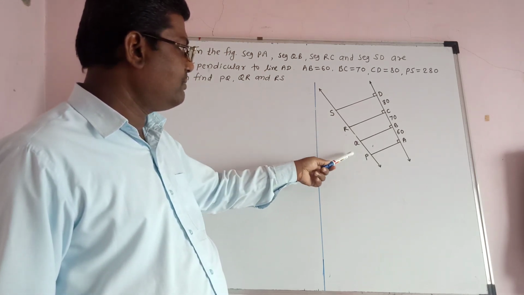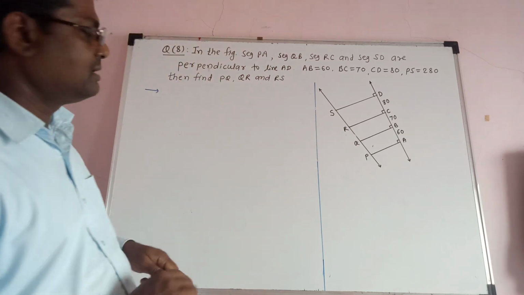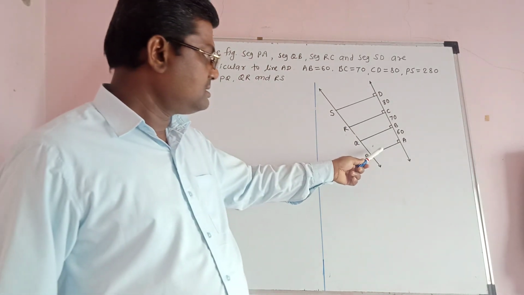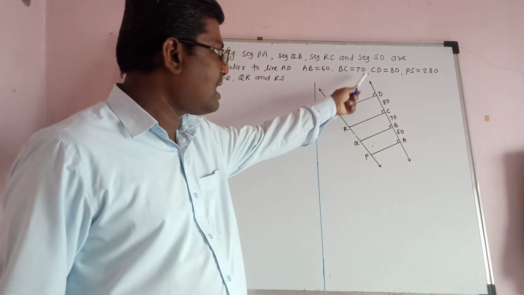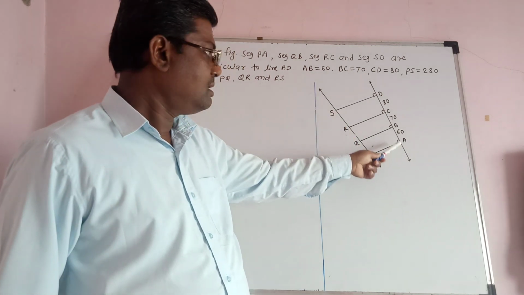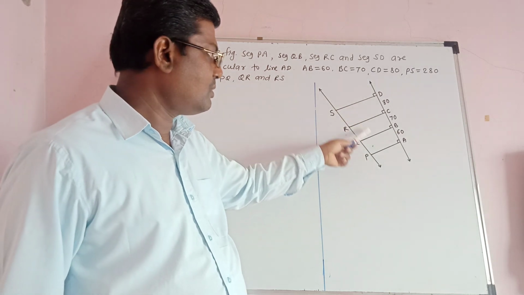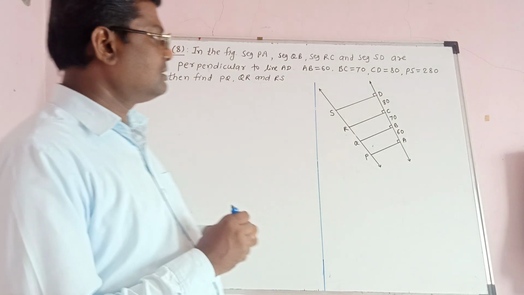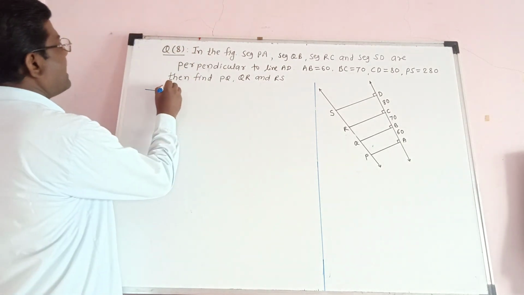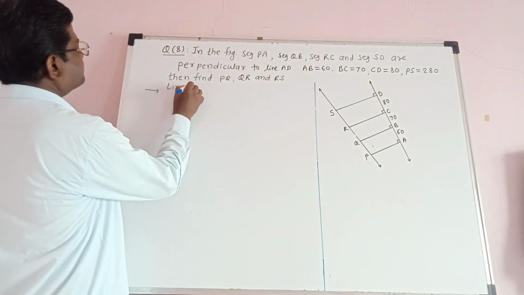Find the values of PQ, QR and RS. Let us see. This segment PA, QB, RC and SD are perpendicular to the line AD. Therefore, these all segments are parallel to each other. Therefore, we write lines perpendicular.